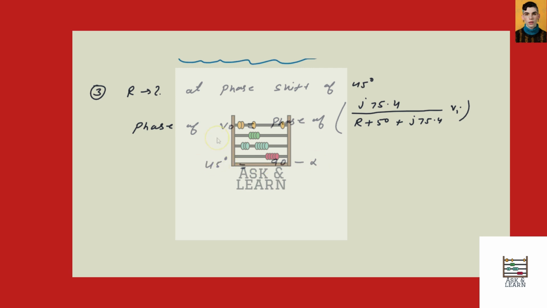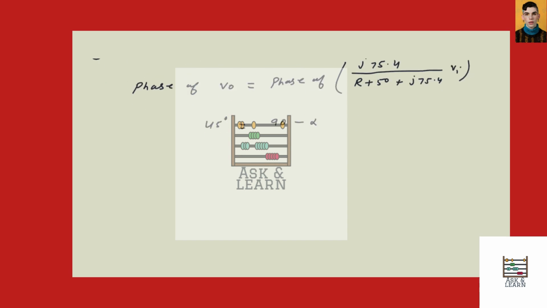Hence alpha equals the phase of R plus 50 plus j 75.4, which equals 45 degree.